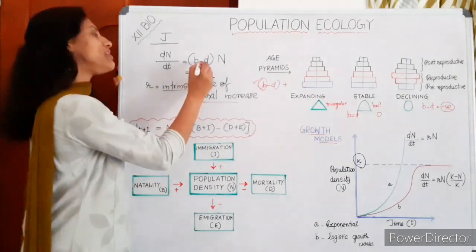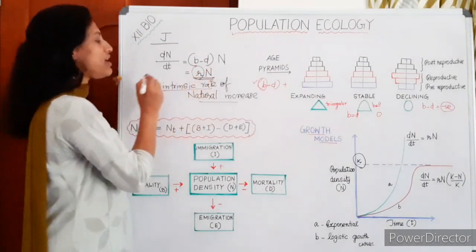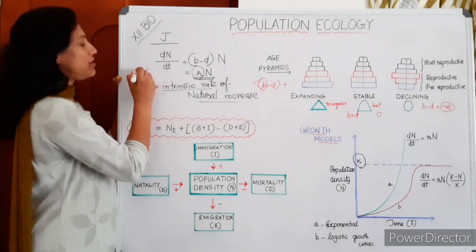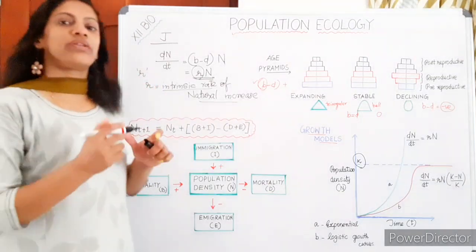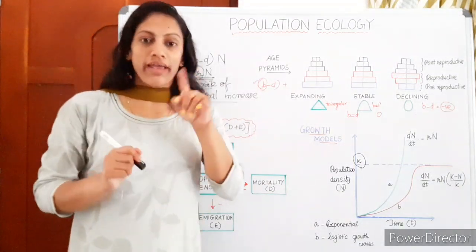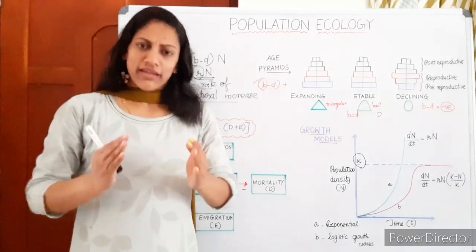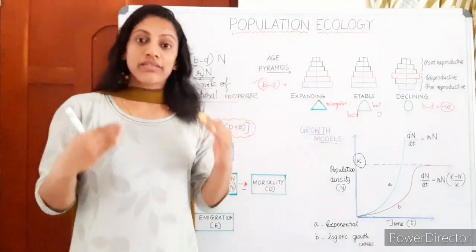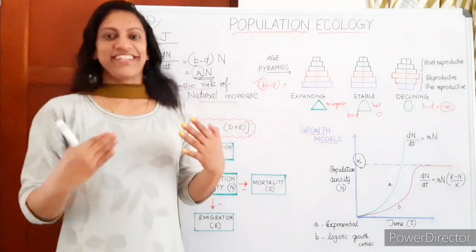Okay, B minus D is considered as a value r. B minus D is equal to r. We are representing it by r. r is the natural increase rate, the intrinsic rate of natural increase.